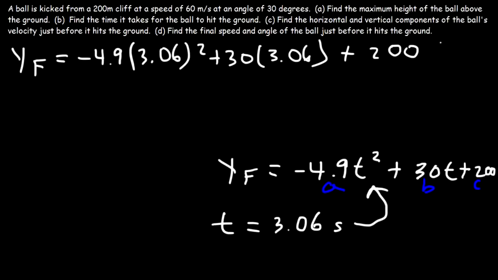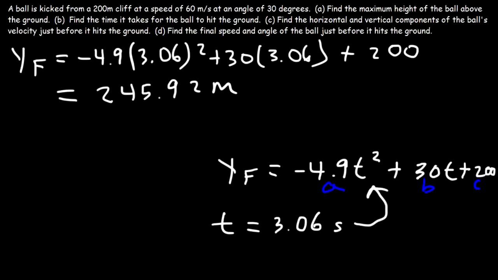So you could just type this in exactly the way you see it. And you get the same answer, which is 245.92 meters. So that's how you could find the maximum height using this process. So you have two different ways in which you could find it.